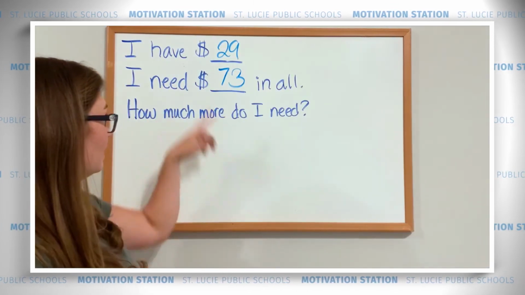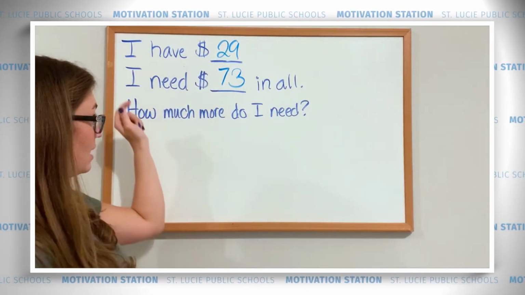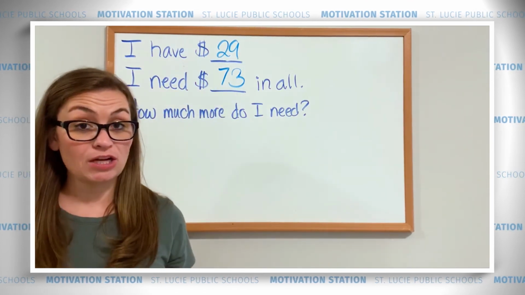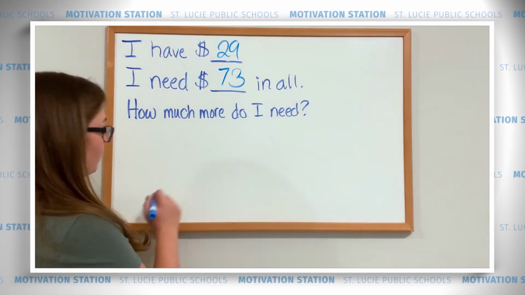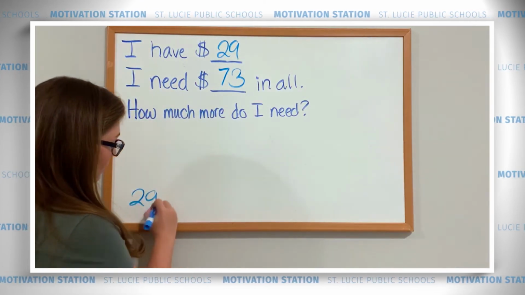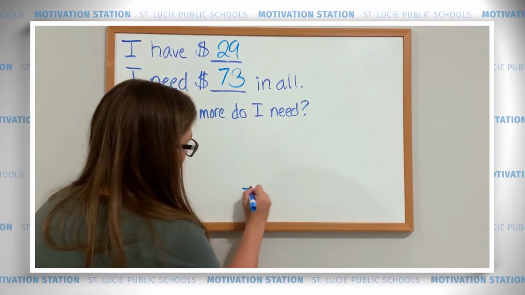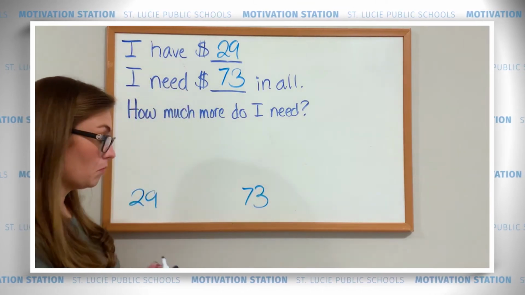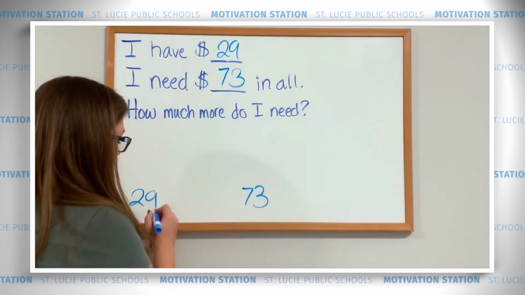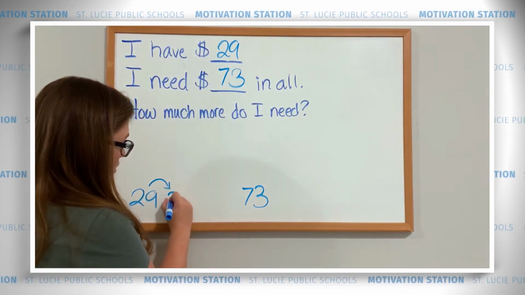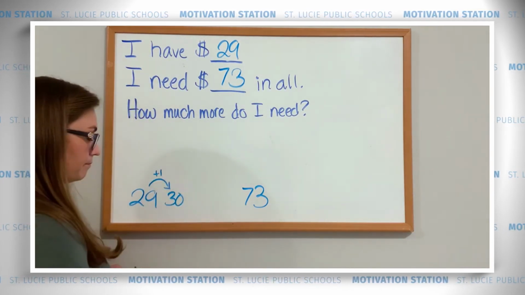Let's do one more. Let's try this one. I have $29. I need $73 in all. Let's start with addition. I have 29 and I need to get to 73. Well, let's go to those easy tens, right? So let's do a quick up jump to 30. This would be plus 1.